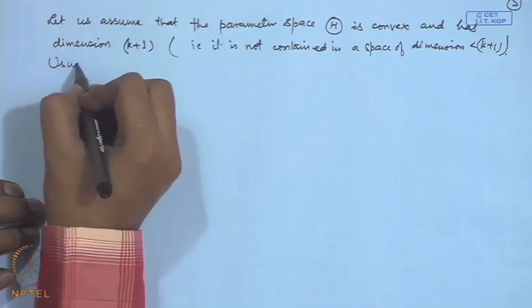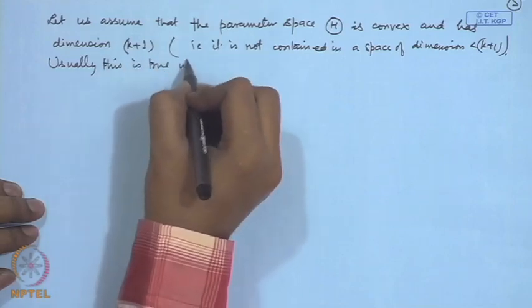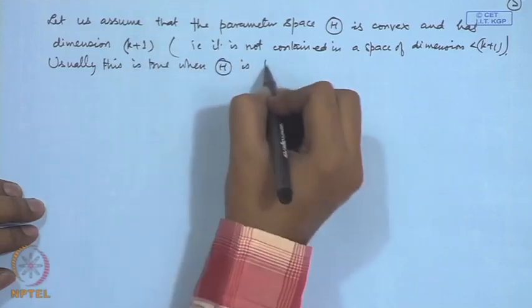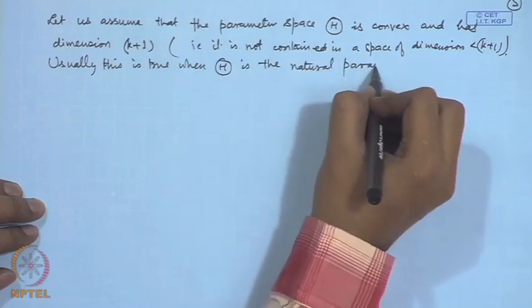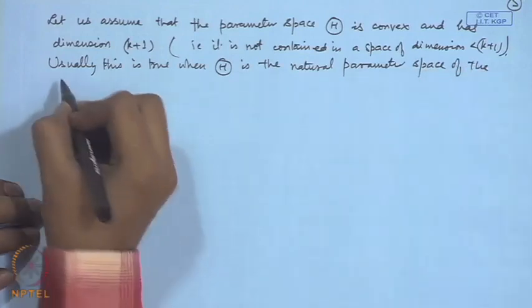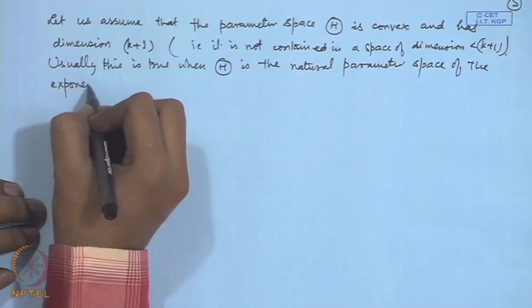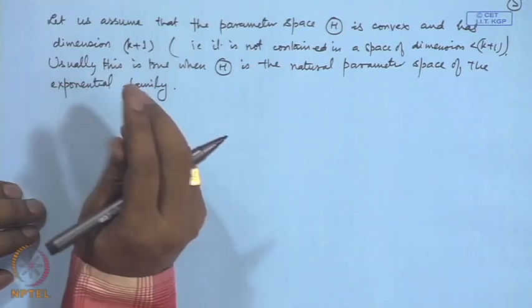Usually, this is true when theta is the natural parameter space of the exponential family. We have seen one example where we are dealing with two normal distributions and the means were the same. When the means became the same, the dimension became one less, and therefore, the completeness was lost there.